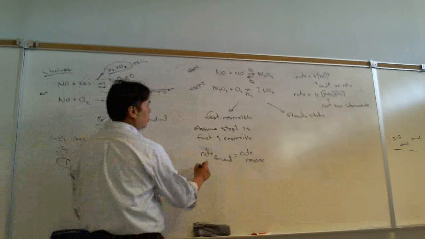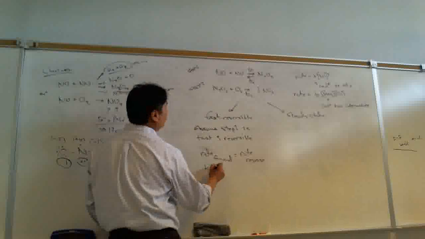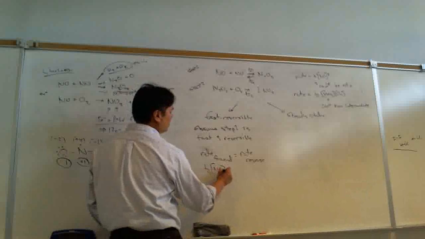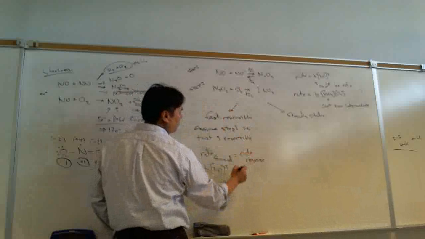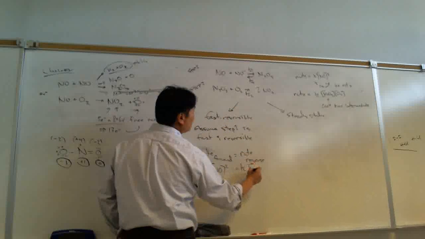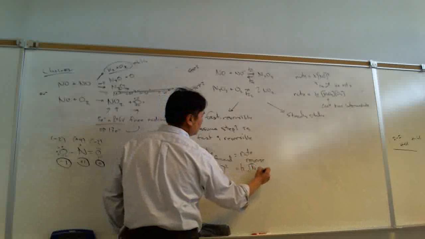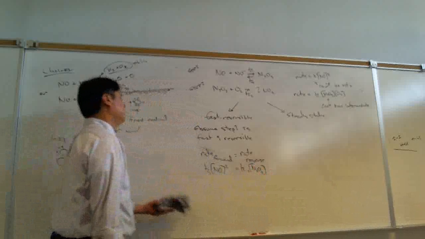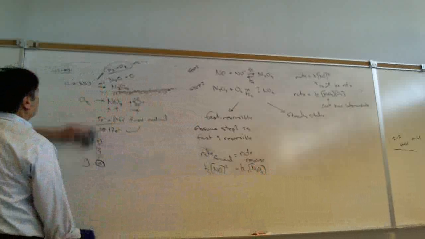The rate of the forward is equal to k1 times [NO] squared. The rate of the reverse is equal to k minus 1 times [N2O2]. And then we solve for N2O2.